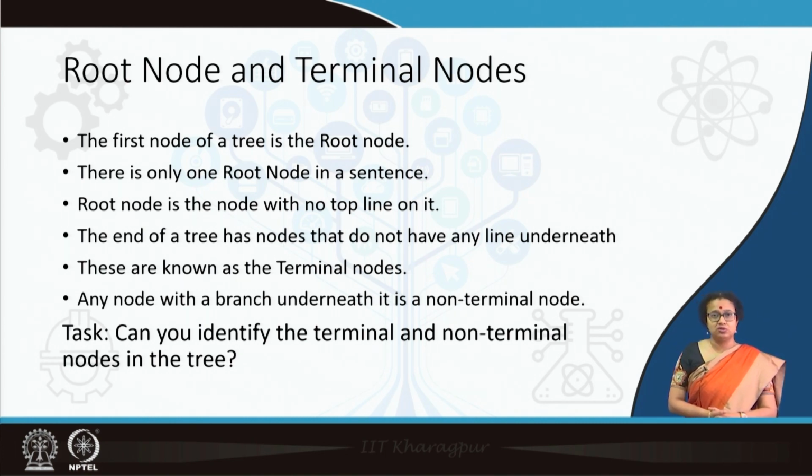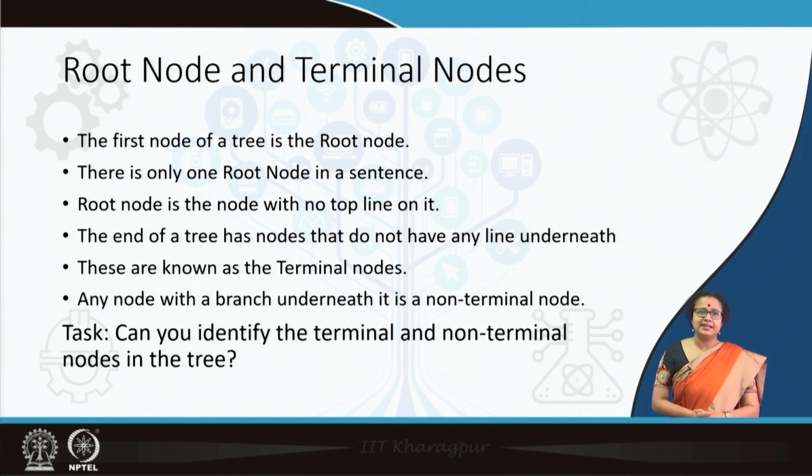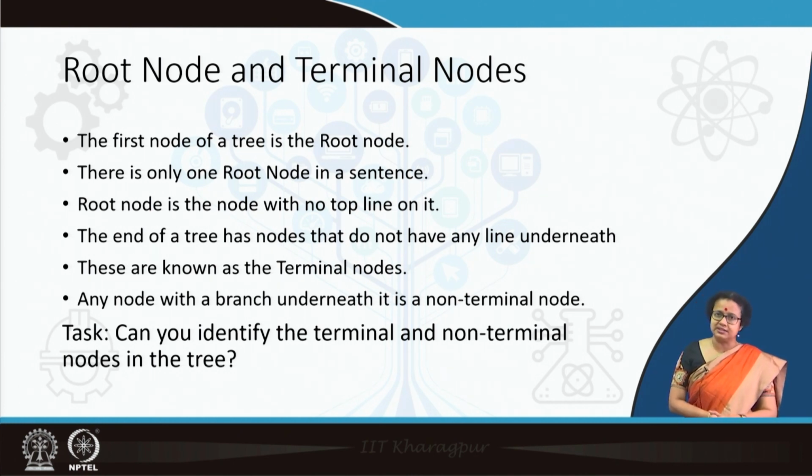A root node is the node with no top line on it, and the end of a tree has nodes that do not have any line underneath. These are known as terminal nodes, and you can define a terminal node in this manner. Any node with a branch underneath it is a non-terminal node. So, if you have a branch underneath some node, it is a non-terminal node, and if you do not have a branch, it is a terminal node.